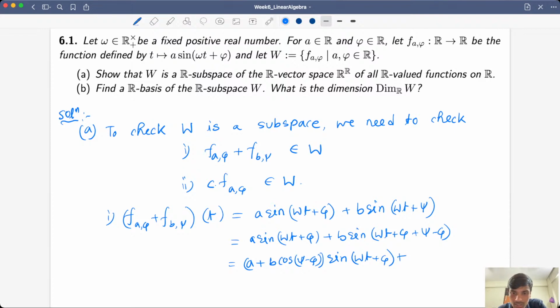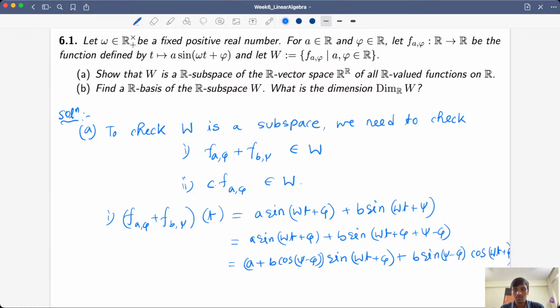In the sum formula there is another term, b sine psi minus phi times cos omega t plus phi, right?